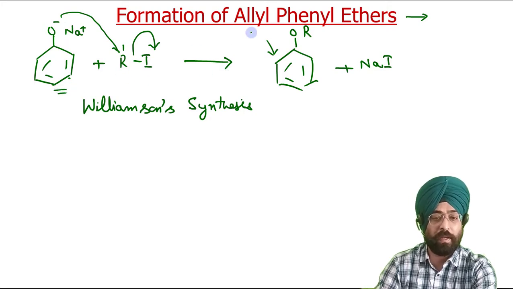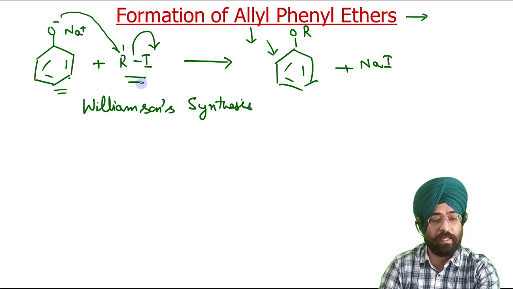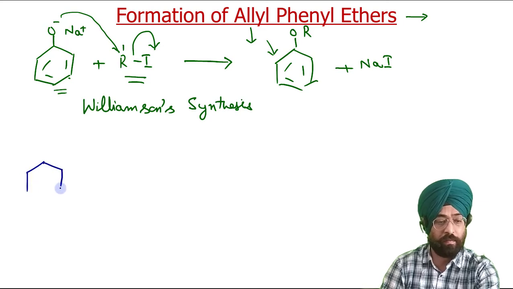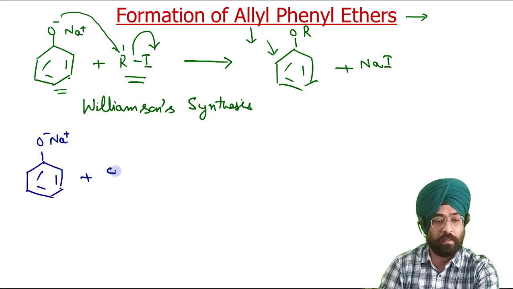Now we have to prepare allyl ether, so we use allyl iodide. So let us write a specific reaction to prepare these allyl phenyl ethers. We have this sodium phenoxide plus CH2I CH double bond CH2.